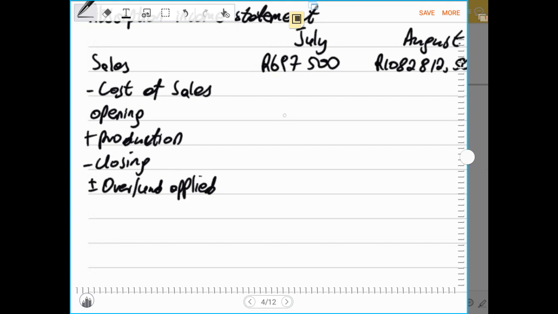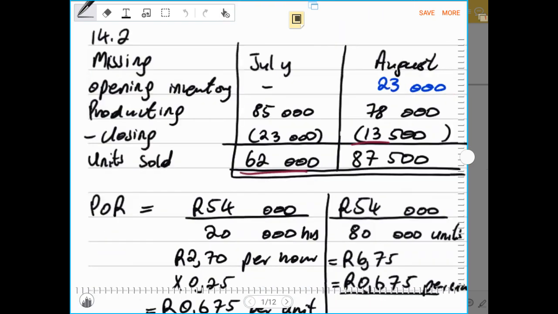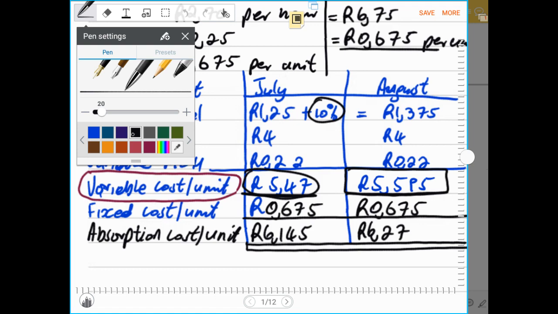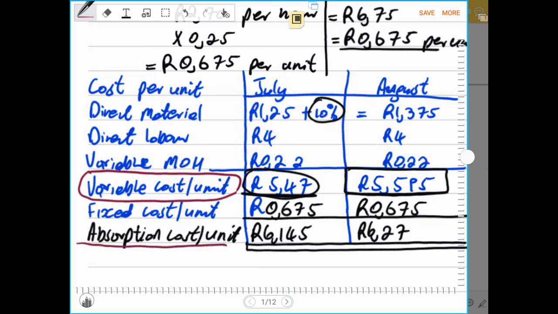So now our opening, remember there was no opening here, but now we have our production, and remember we are doing absorption. So now in the absorption, we have to take the cost that is inclusive of the fixed cost, which is the cost at the bottom. There is the absorption cost per unit. Remember the difference between the two methods. Another one does not take into account fixed cost.